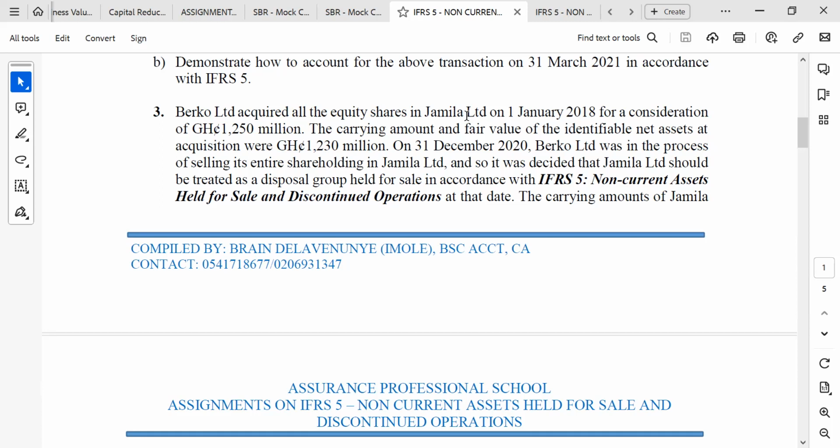On 31st December 2020, Beacon Limited was in the process of selling its entire shareholding in Jamila Limited, and so it was decided that Jamila Limited should be treated as a disposal group held for sale in accordance with IFRS 5, Non-current Assets Held for Sale and Discontinued Operations, at that date.